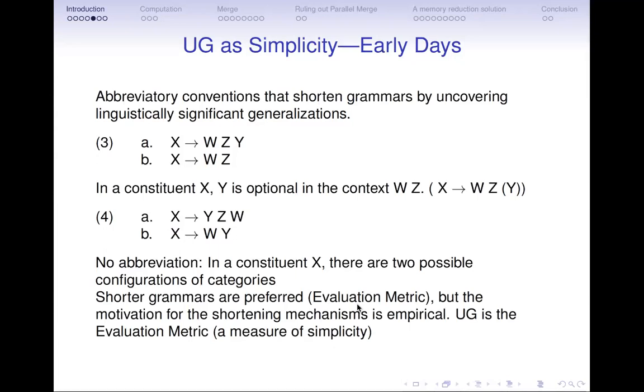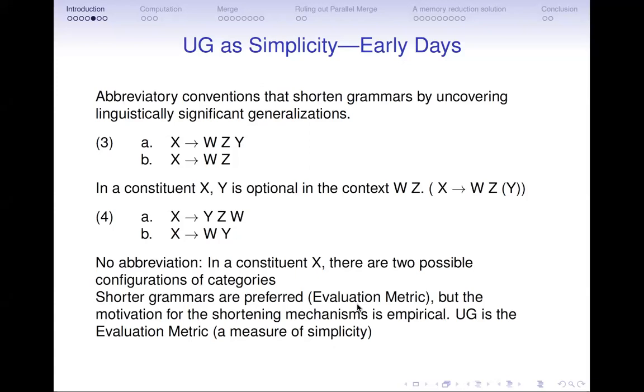These are the kinds of grammars that are preferred. So Chomsky referred to this idea that we have simplicity ranking grammars in terms of which one is better as an evaluation metric. And you can imagine that evaluation metrics are incredibly useful for learners of a language, because they push that learner into smaller and simpler grammars.